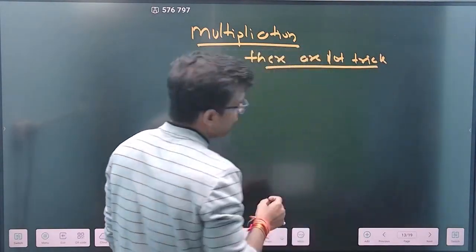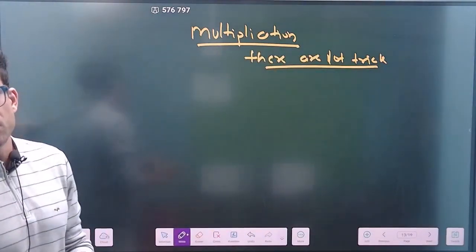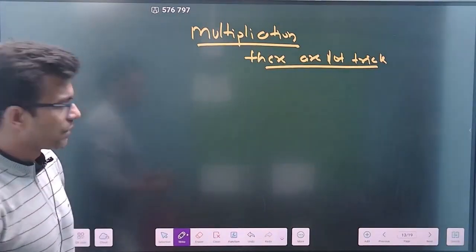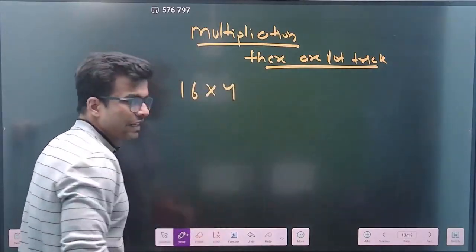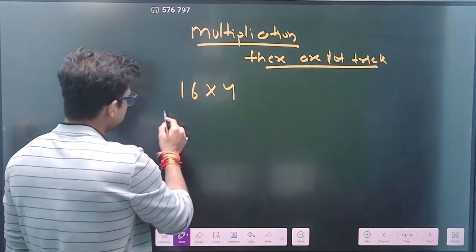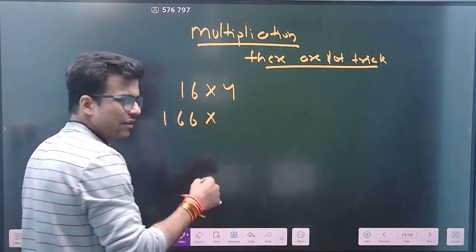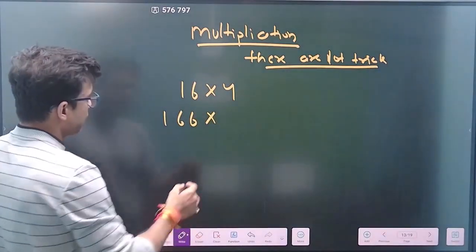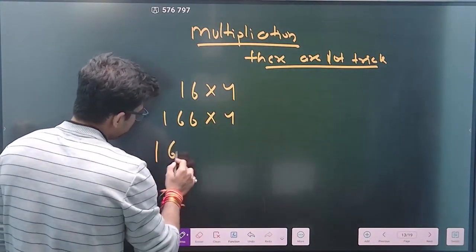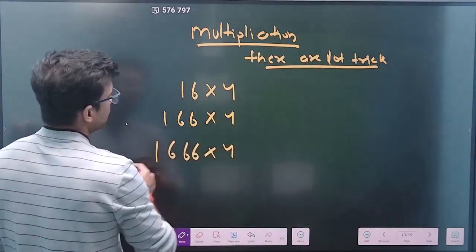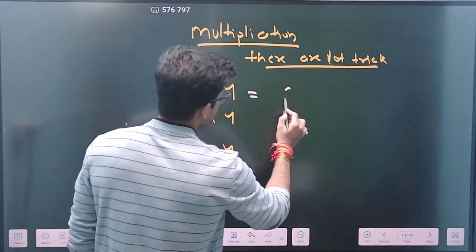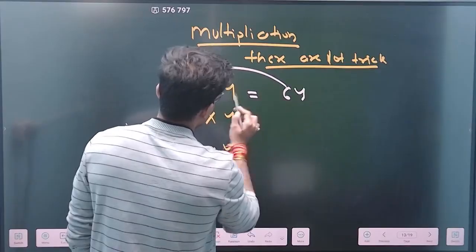This trick helps you in solving a problem in a very fast way. Suppose I write 16 into 4, correct? If I write 166 into 4, or any number, or 1666 into 4, the answer would be 64, this 6 and this 4.